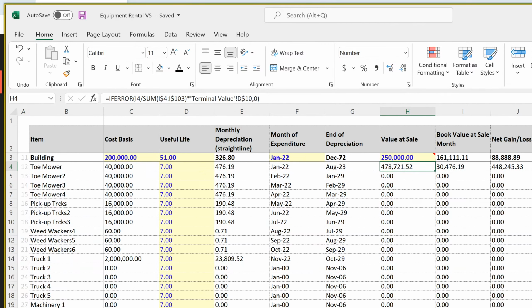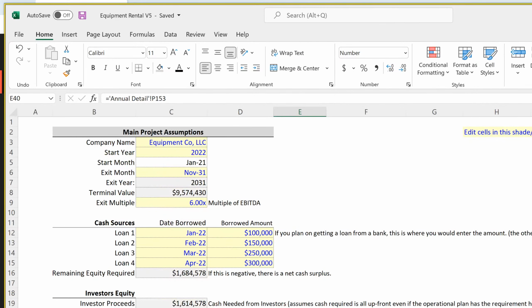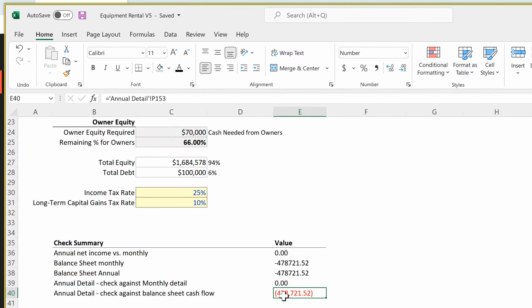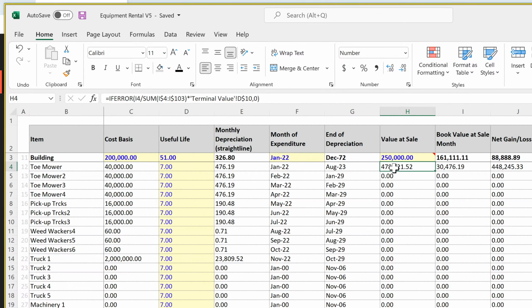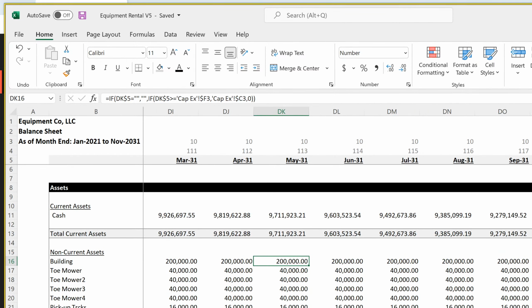This feels good. Let's go back to our checkers. We're still up by 478. Okay, so this is good. So what I just did, updated the balance sheets now so that the only thing we're out by is the amount of this value right here. So something is including it and then something is not.